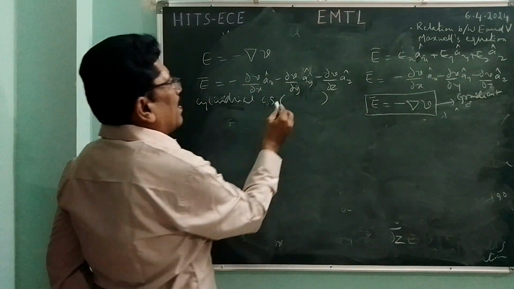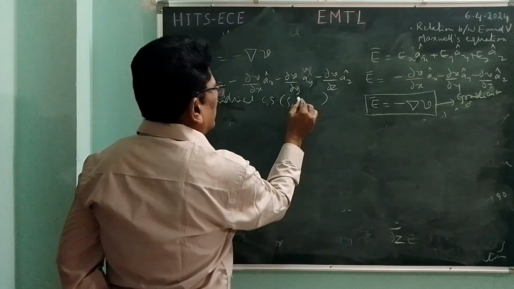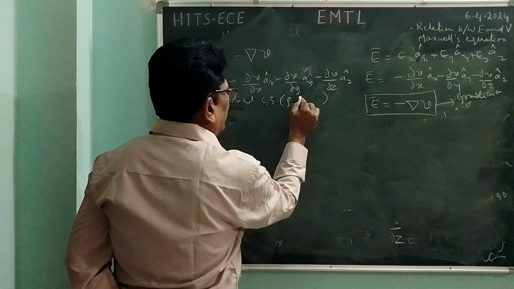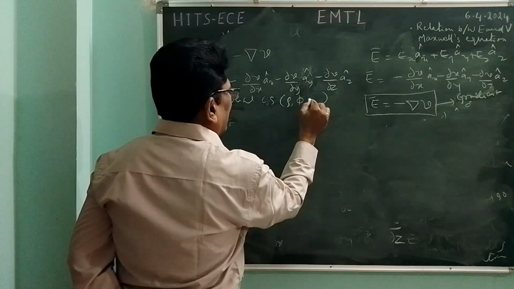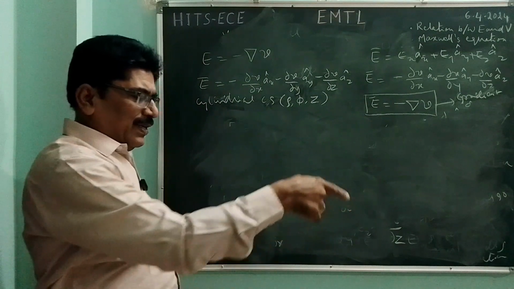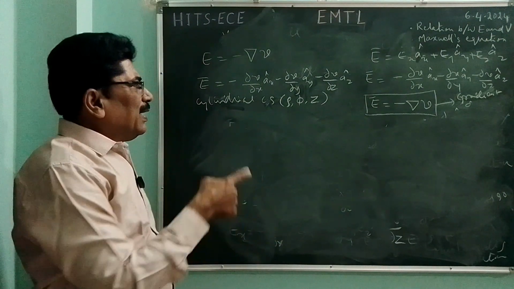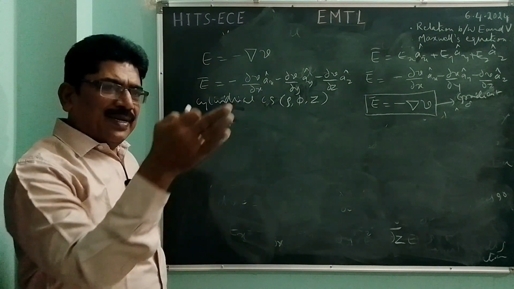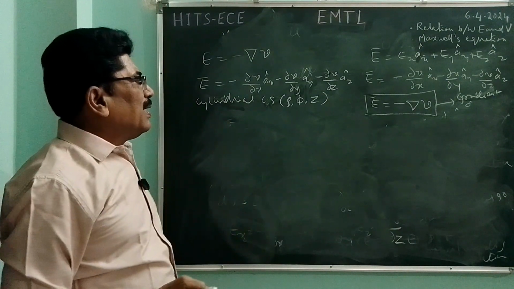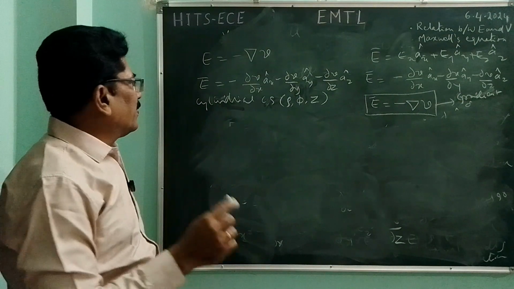the variables are rho, phi and z. These are the variables, where rho is the radius of the cylinder and phi is the angle between the x axis and the radius, and z is the height of the cylinder.